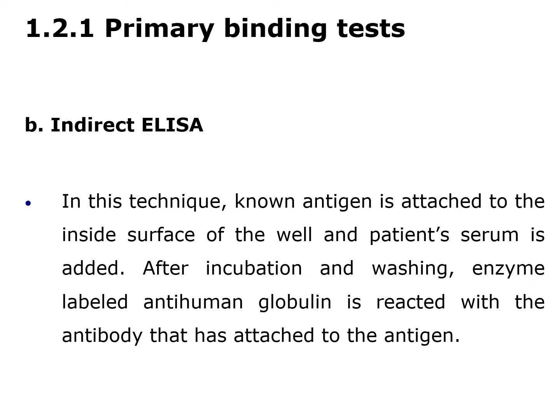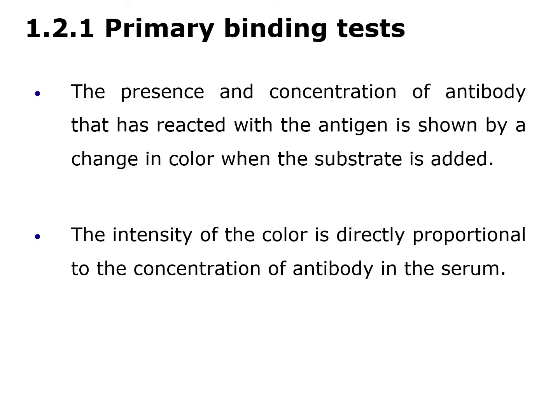After adding the antibody, there will again be a reaction, and then we have to wash it again to remove the unbound component. Right, so then we add the substrate. After adding the substrate, there will be a change in color, and we have to measure it. We can measure this change in color in the spectrophotometer or the ELISA reader.